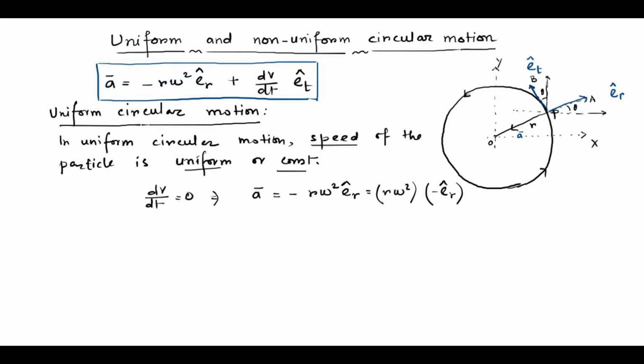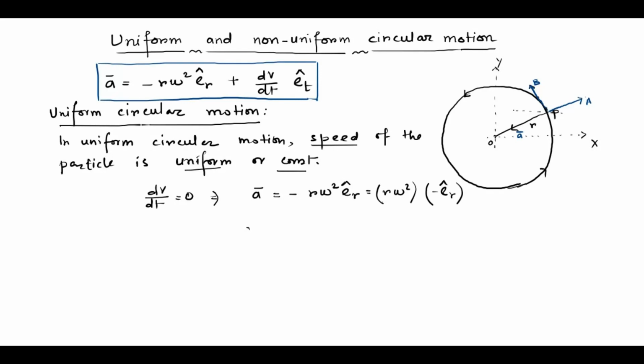So the a vector is now radially inward because it is minus of e_r.